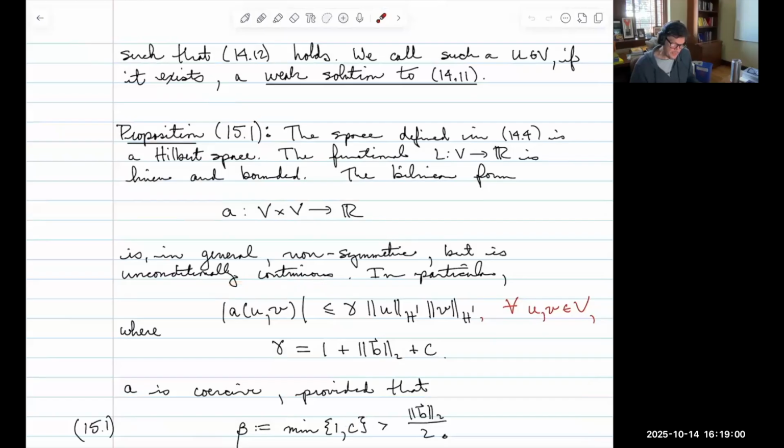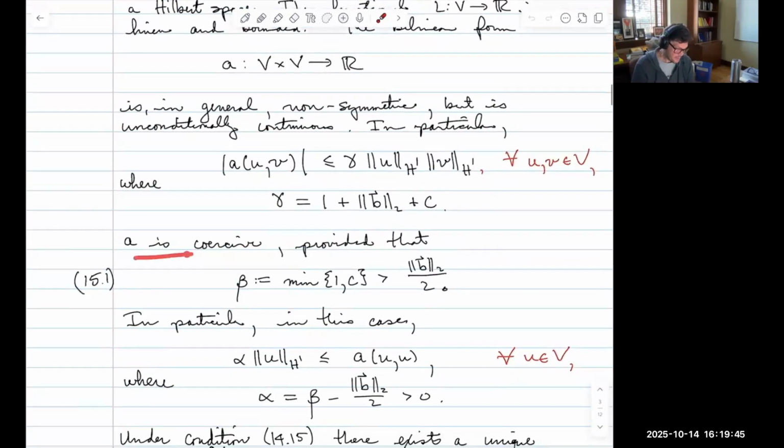In particular, there exists a gamma greater than 0 such that the absolute value of A(U,V) is less than gamma times the norm of U times the norm of V for all U and V in the Hilbert space V, where gamma turns out to be equal to 1 plus the Euclidean norm of B. B is just a known, fixed vector. It's not dependent on space, plus that constant C, which is also positive.